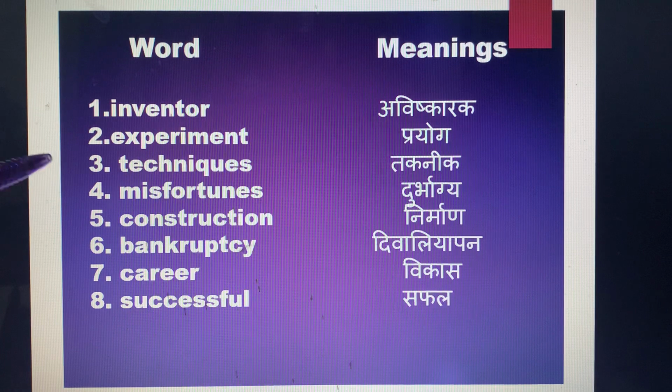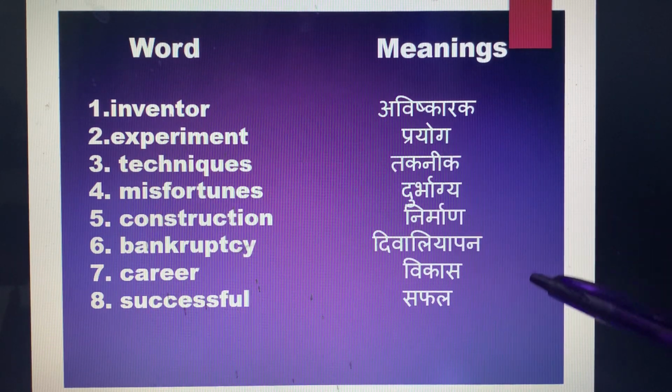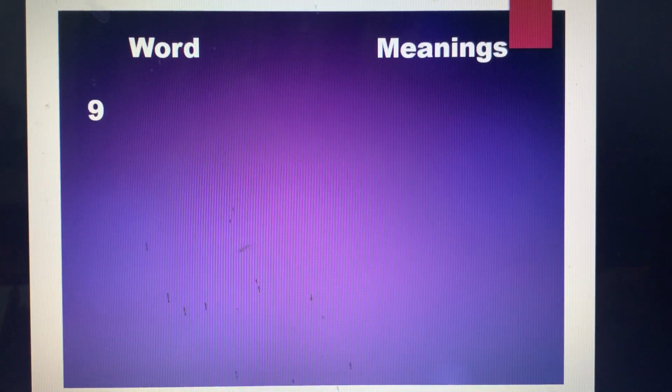Misfortunes, दुर्भाग्य. Then construction means निर्माण. Then bankruptcy. Emmanuel Nobel declared himself bankrupt. That is Diwaliyapan. Then career, Vikas. Successful means Safal. Then next there are a few more new word meanings.